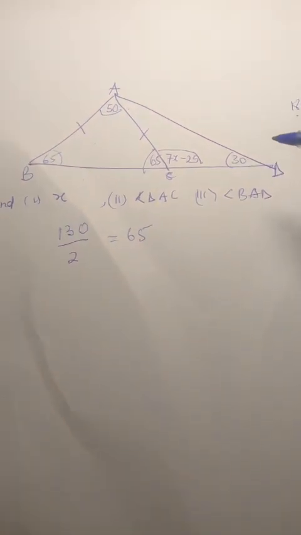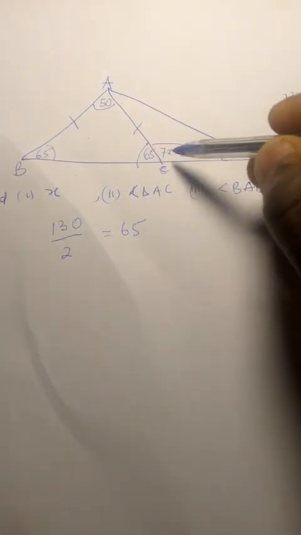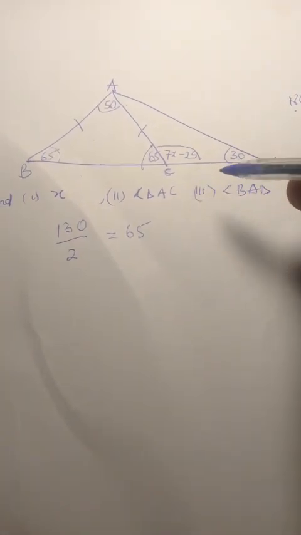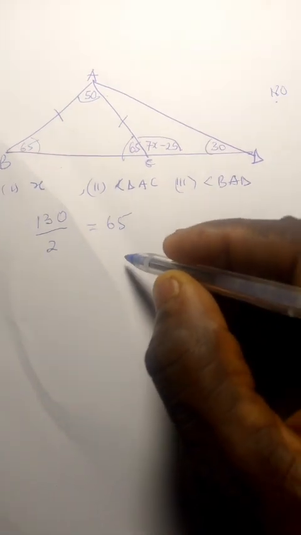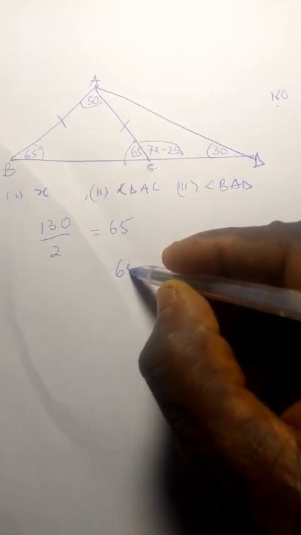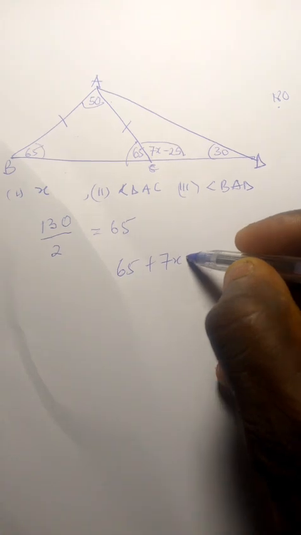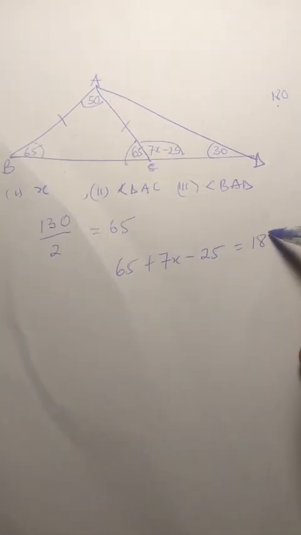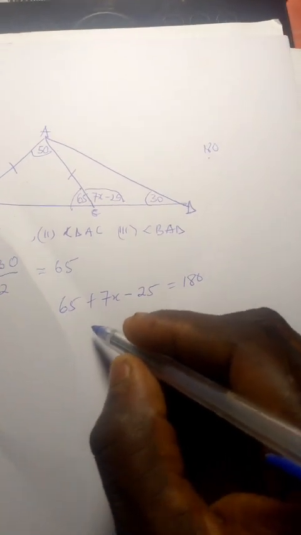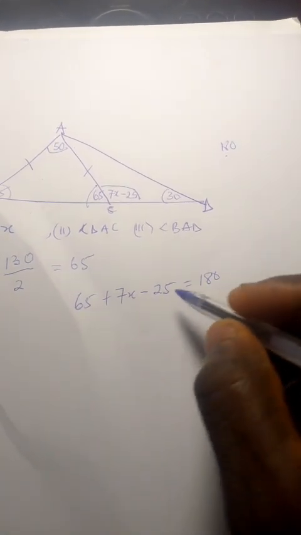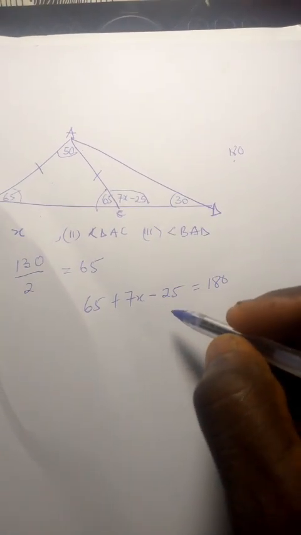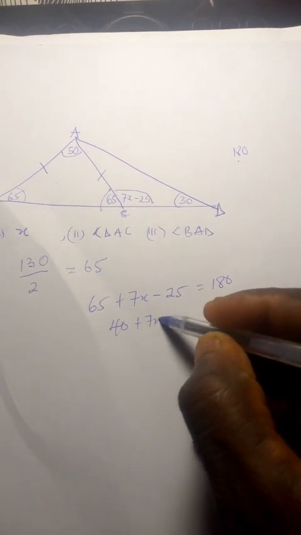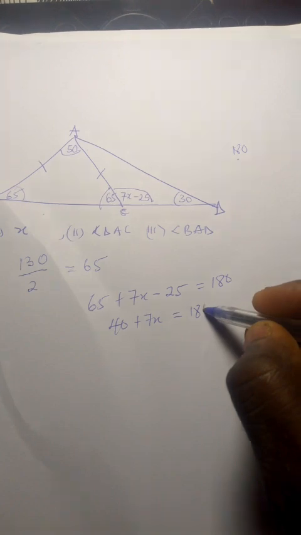Now from there, you can easily get the value of x because angle on a straight line is equal to 180. So from there you can have 65 plus 7x minus 25 is equal to 180. So if you solve this, you realize that when you subtract 65 from this, I think you'll be getting 40. So you have 40 plus 7x is equal to 180.